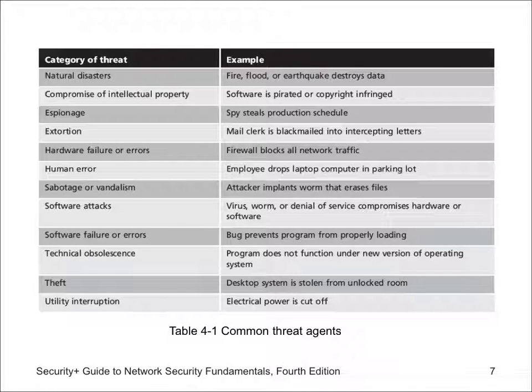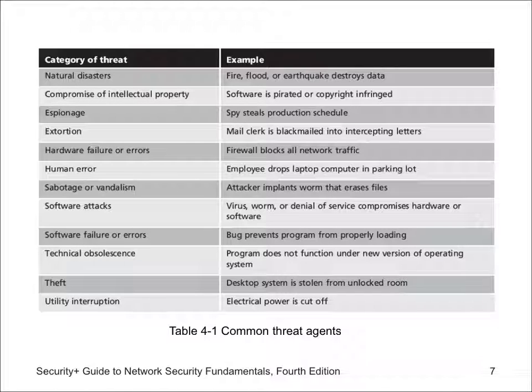Hardware failure or espionage: a spy steals the production schedule. Extortion: a mail clerk is blackmailed and intercepting letters. Hardware failure or errors: a firewall blocks all network traffic. Human error: an employee drops a laptop in the parking lot. Sabotage or vandalism: an attacker implants a worm that erases files. Software attacks: virus, worm, denial of service, and we could say ransomware, maybe throw that one in there as well.